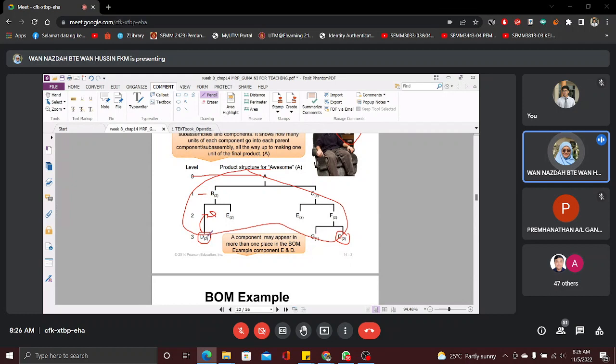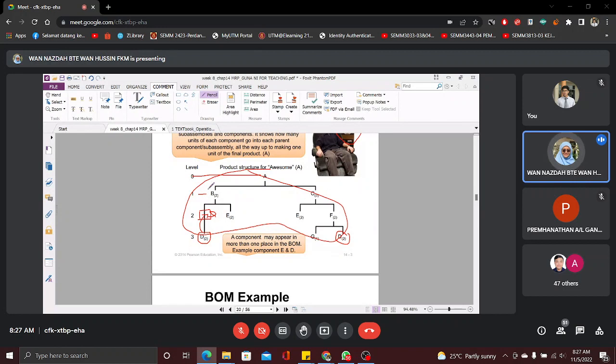Say for example, there are D component, so dia transform into another form of product. So if it is straight line, vertical, there are some process that has to be done for that. Faham maksud saya? Kalau dia vertical, okay, kalau dia horizontal, dia dipasang.